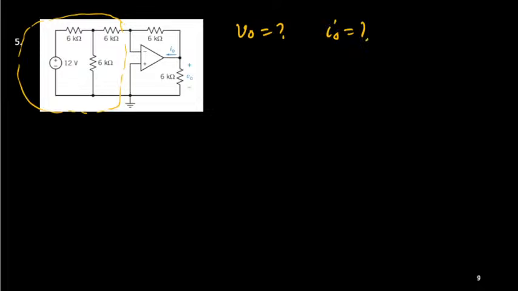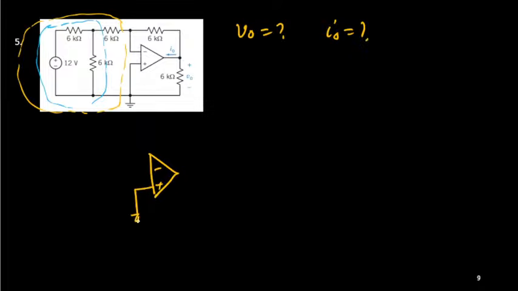Or we can make it much easier. We can simplify this network first. We can take the Thevenin equivalent for this network, then connect it. It will also work, and quickly we will get it. So this is your operational amplifier.